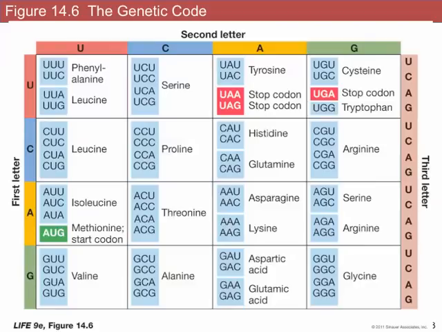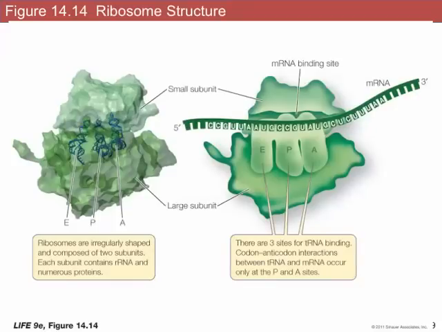The exact nature of the code can sometimes vary, so which letter code codes for which amino acid has a little bit of variance between taxa, but everybody uses a 3-letter code, and everybody uses these ribosome machines that are very similar to each other to carry out this process. The structure of the ribosome machine is basically identical between all taxa. This is a 3-dimensional crystal structure of the ribosome.